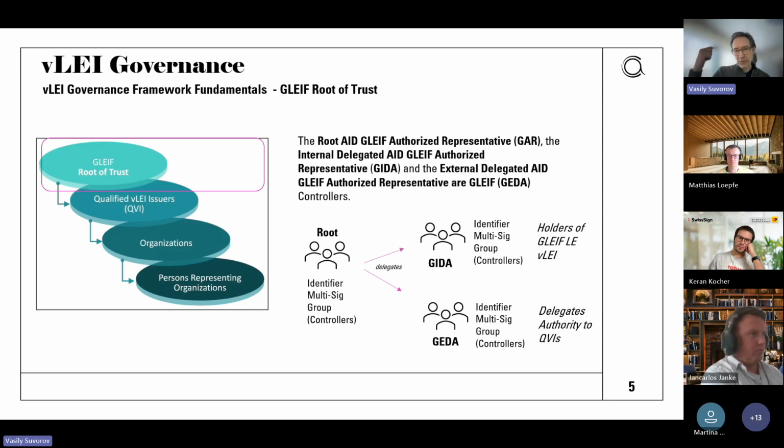However, to create QVIs, they need to have another key, the GEDA key, controlled through the controllers, basically, right? So that's as written here. So far so good. So basically, the root of trust in this case establishes the GEDA, and GEDA establishes the trust to the qualified vLEI issuers. So far, it's kind of similar to how certificate authorities do this, right?